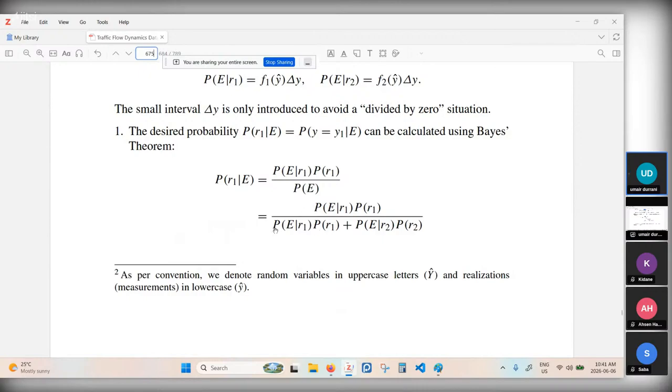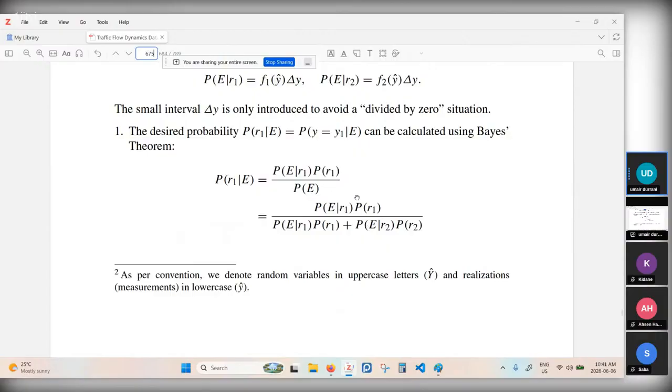And then let's first look at the denominator here. The denominator is using the total probability of getting the evidence, or getting the coordinate that we got. It should be equal to the probability of evidence given that you are on road segment 1 multiplied with the probability of road segment 1, and the same for road segment 2. This will give us the total probability in the denominator.